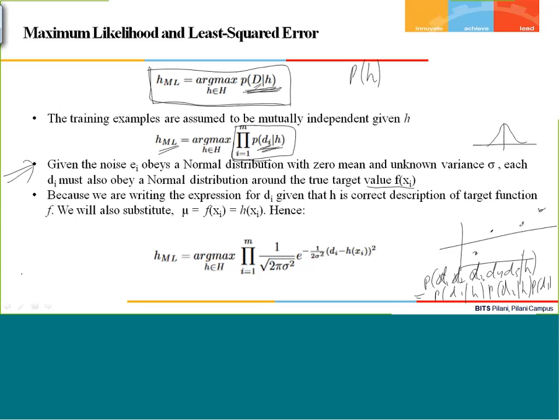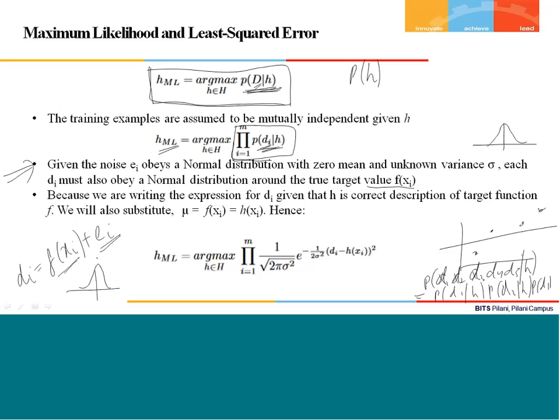What does this mean? My di was f(xi) plus ei, right? If ei is normally distributed, every number I pick from that, I am adding f(xi) to it. So I'm just shifting the distribution. If this was my normal distribution with zero mean, and I'm adding the number f(x) to it, it is nothing but just shifting this normal distribution to this location.